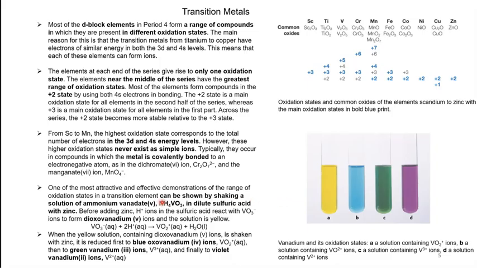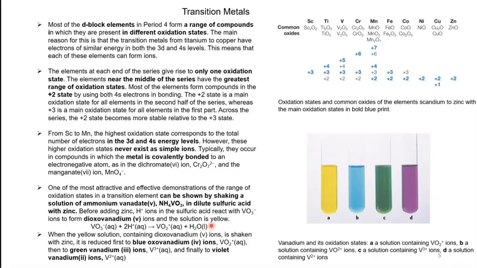We can take a solution of ammonium vanadate(V) and shake it with dilute sulfuric acid and zinc. What happens then? Before adding zinc, we get this reaction. The sulfuric acid and the vanadate ion react together, and then we get this ion and water.